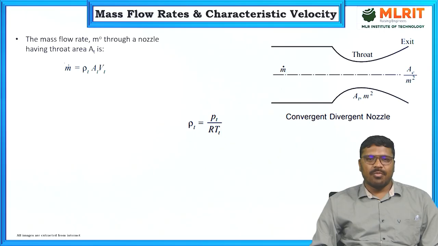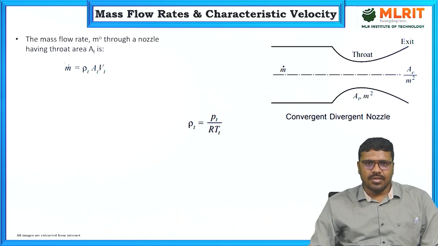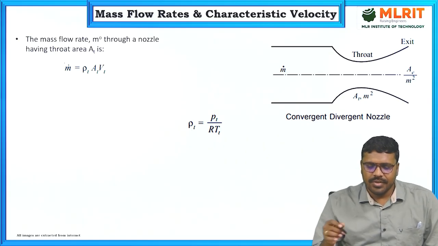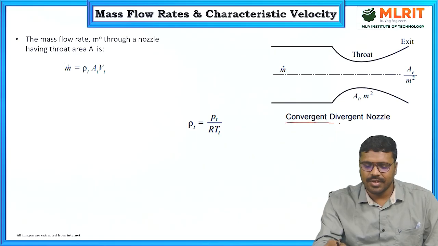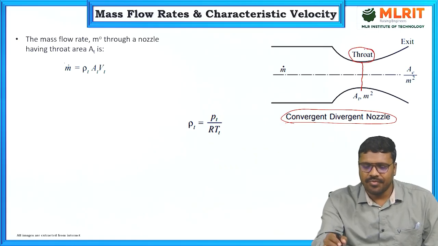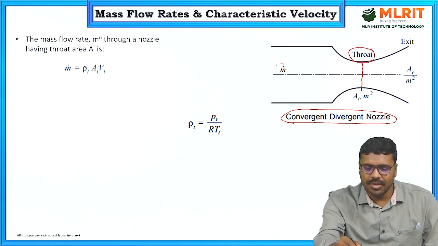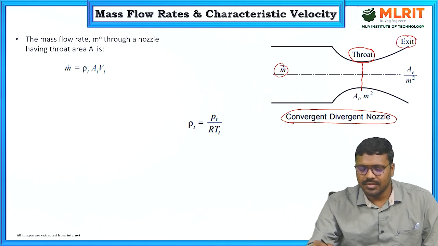Coming to the topic, mass flow rate generated by the gases leaving the nozzle. Here you can consider a convergent divergent nozzle. Here you can see a CD nozzle, and here is our throat portion. Consider the mass flow rate with the symbol m dot n, and this is the exit of the nozzle.